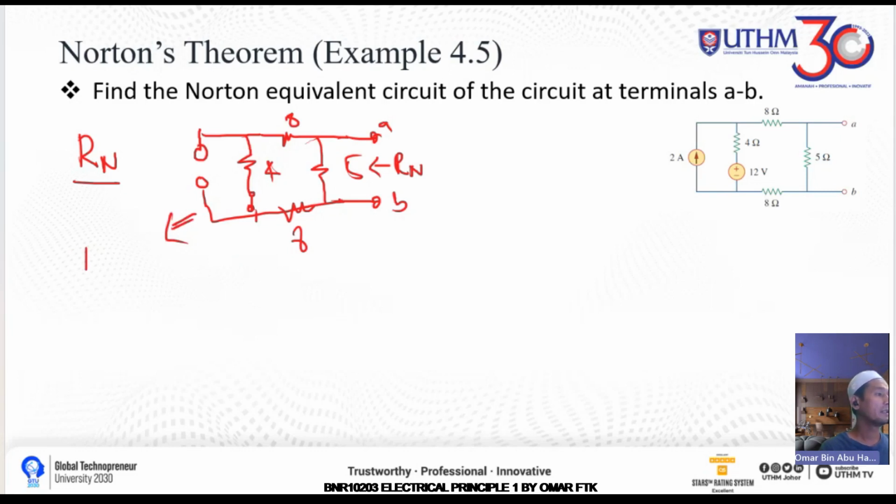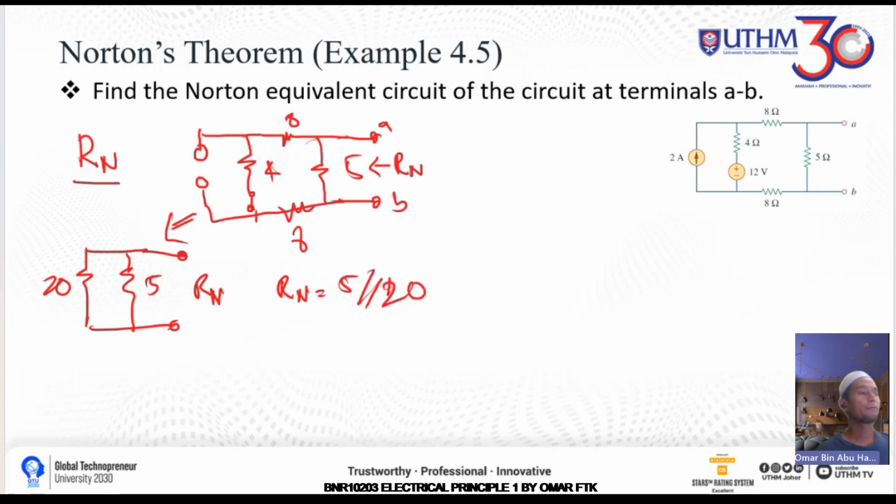So it will be 5 and 20. So this is Rn. Rn will be 5 parallel with 20. So how much is this one? Can you determine this?